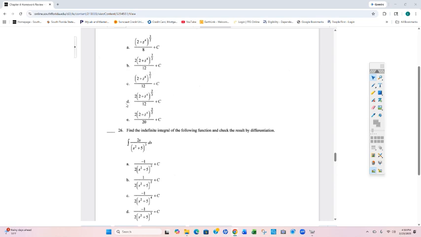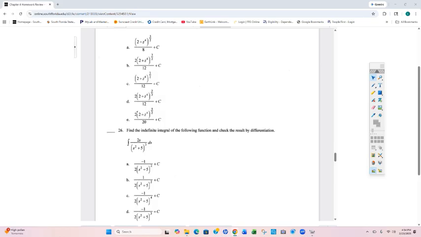D, in the numerator, 2 times, in parentheses, 2 plus z to the fourth, to the 2/3 power. The denominator is a 12, plus c.